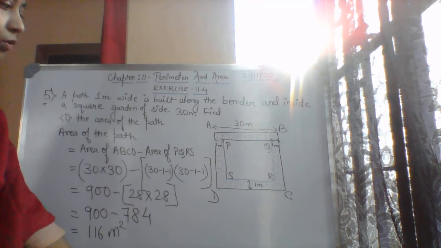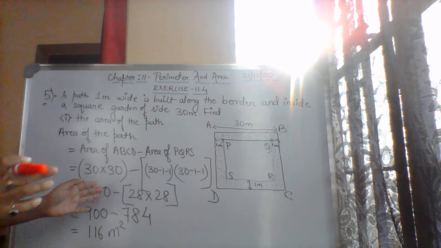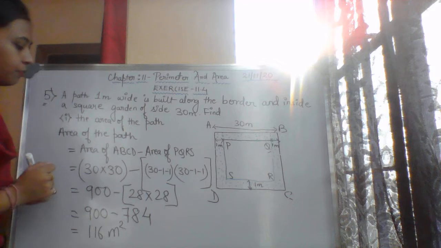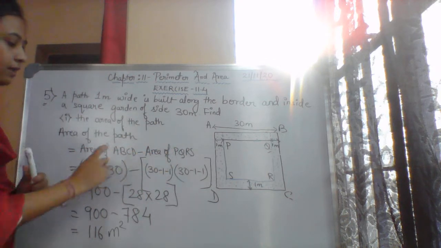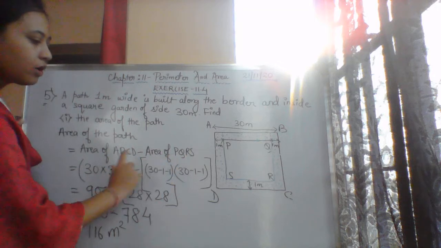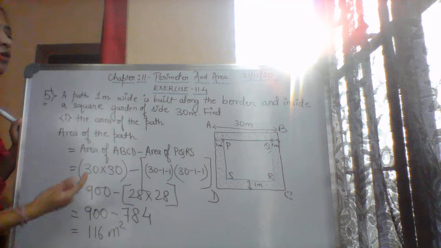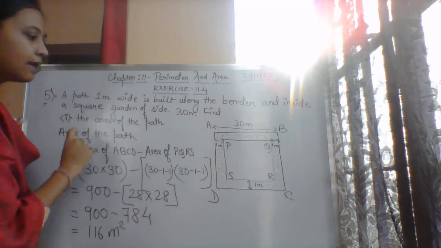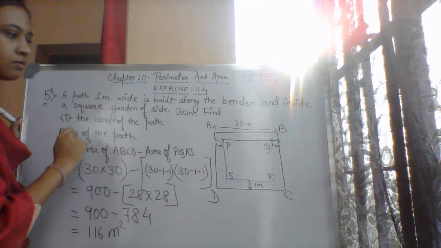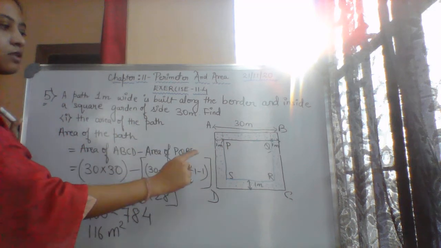You can apply a different method also. First you find the area of ABCD, then you find the area of PQRS, then you subtract. You can include one more sentence also: what is the length of PQ? The side of the smaller square equals 30 minus 1 minus 1.